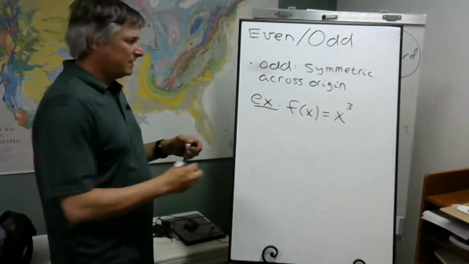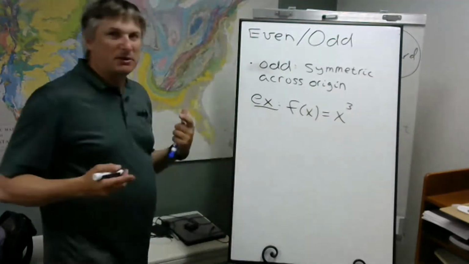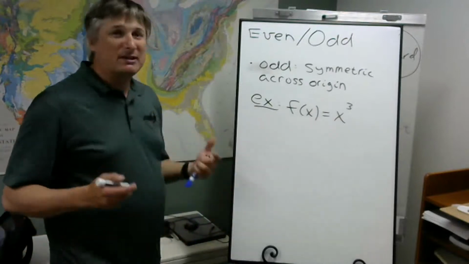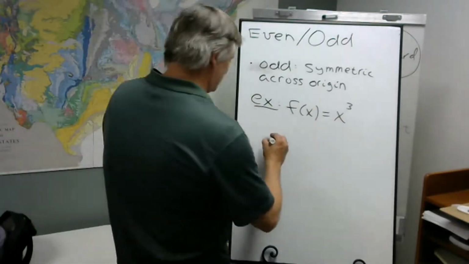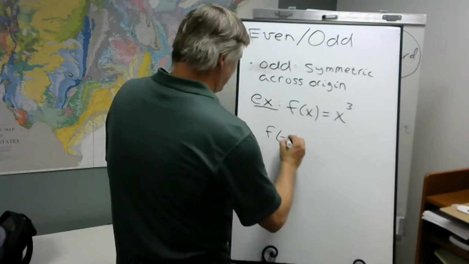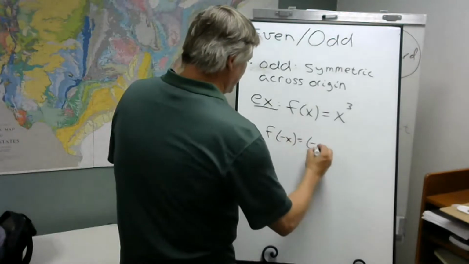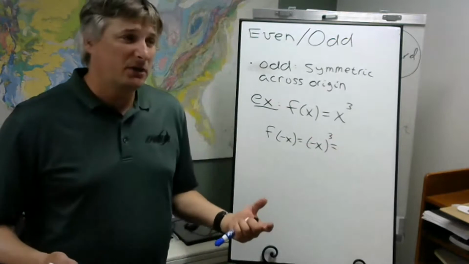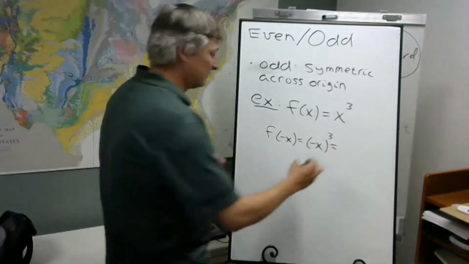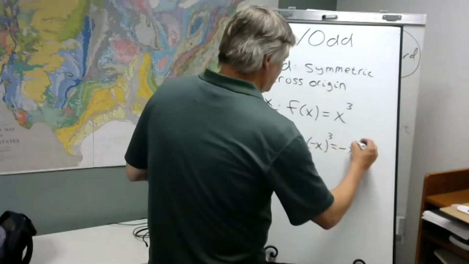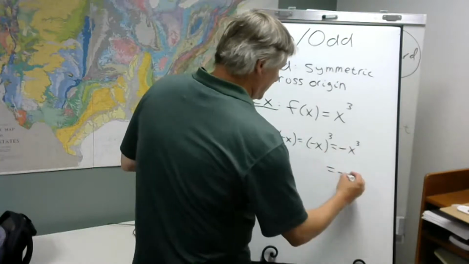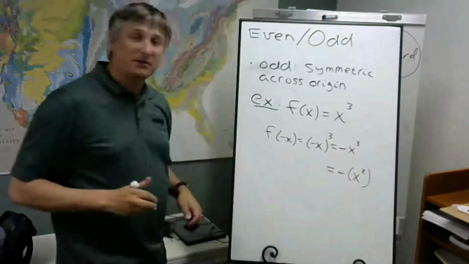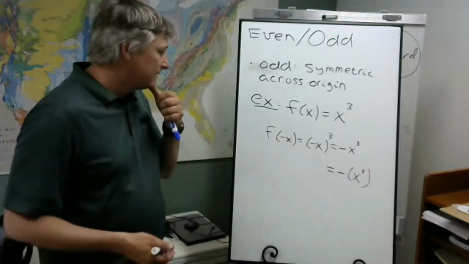A little more real. So here we have x and f of x being a point on the plot of this function. Let's plug in negative x. So f of negative x means negative x cubed. And remember, when we cube a negative, the negative is still there. We get negative x cubed, applying a negative sign to the function x cubed.